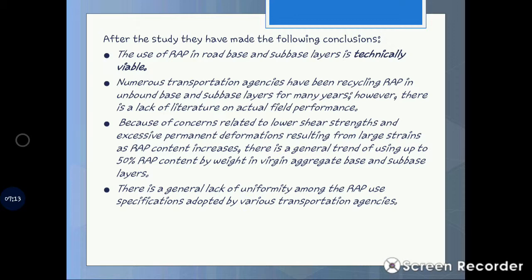Also, there is a general lack of uniformity among the RAP use specifications adopted by various transportation agencies.